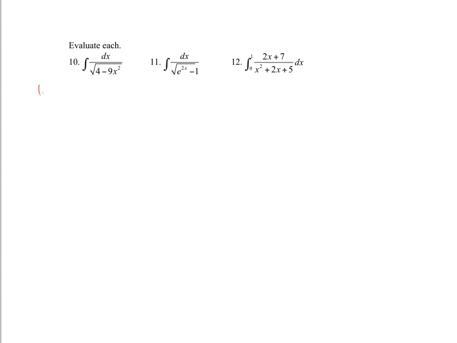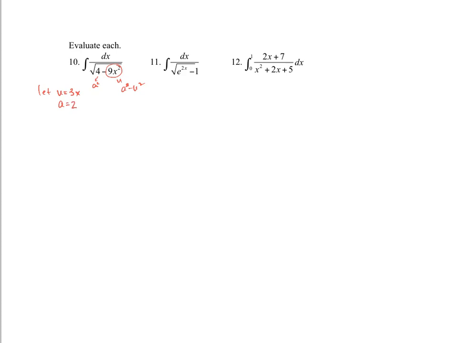We let u equal 3x, because usually when you look at those formulas, it's always this something that's squared that is going to be your u. And this was your 1 in some of the cases, but in our case it's going to be the a squared. So to me this looks like a squared minus u squared. So that would mean my a in this case would be the 2, right? Because a squared would be 4.